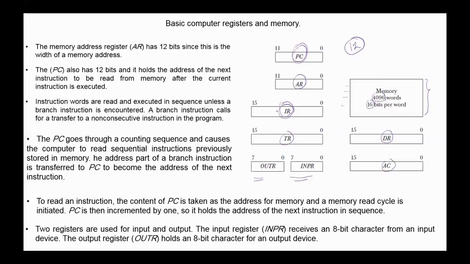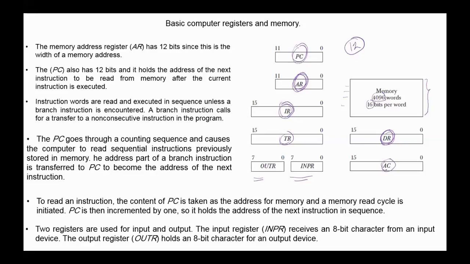After that, the contents of the program counter can be updated to hold the address of the next instruction. The instruction is decoded and then executed. If we need an operand from memory, then we use the address register to hold the address of that operand. The data register is used to hold the operand read from memory.